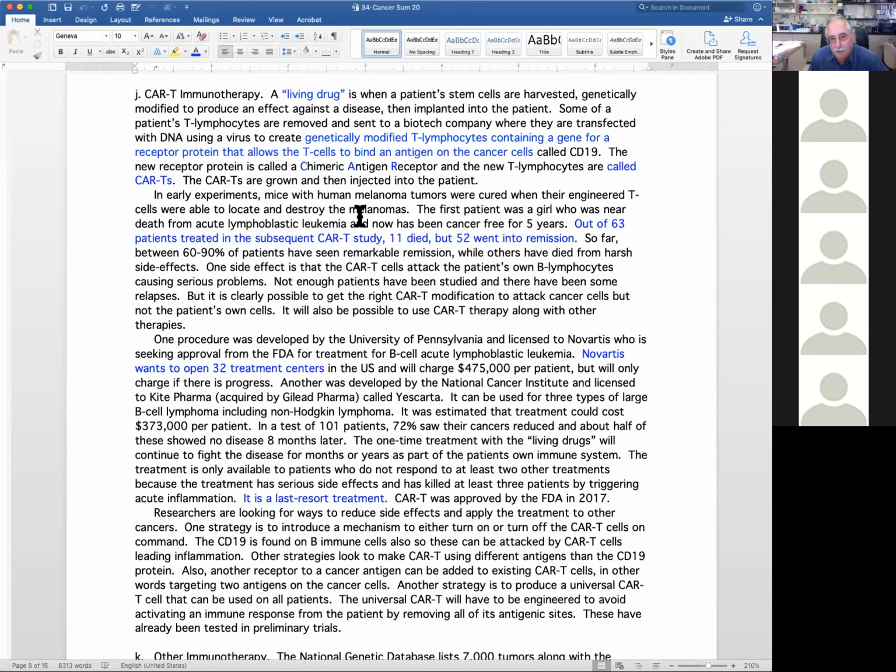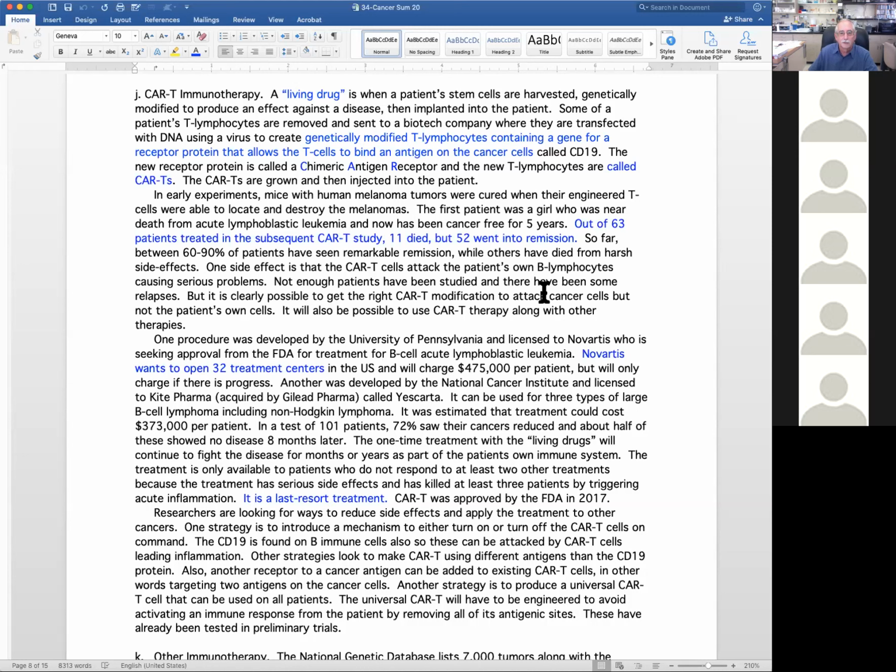So leukemia is a blood disease, it's not a solid tumor, right? Out of 63 patients treated with another study with this same one, 11 died, but 52 went into remission, which is pretty significant. But the harsh side effects are a problem.